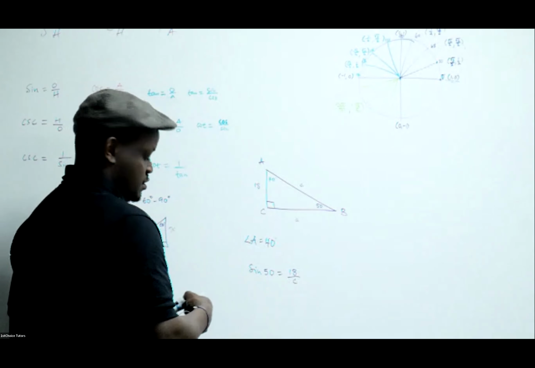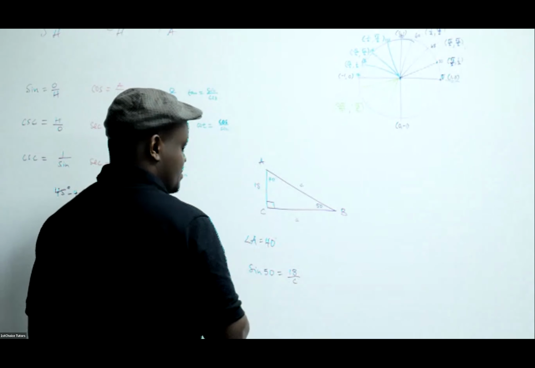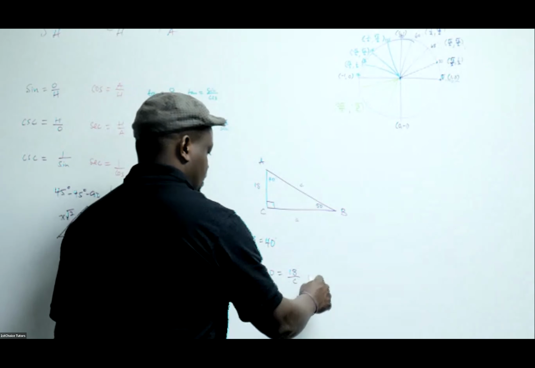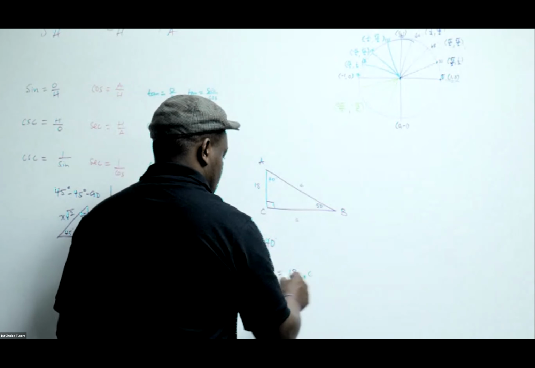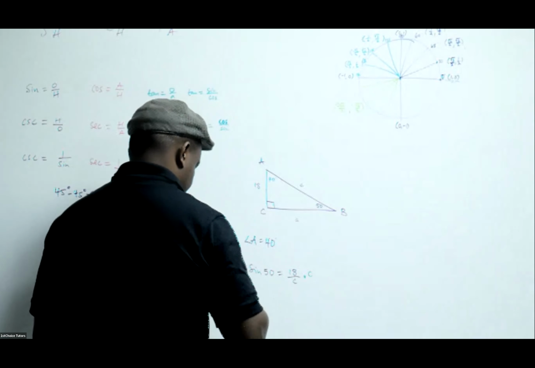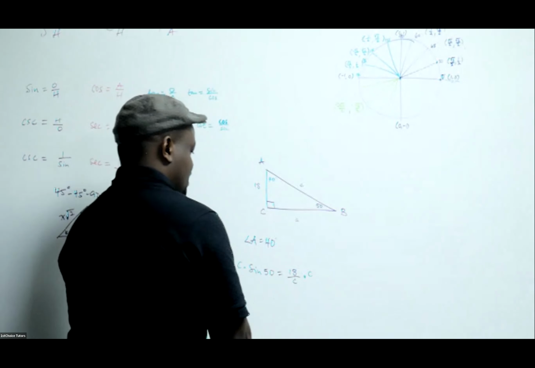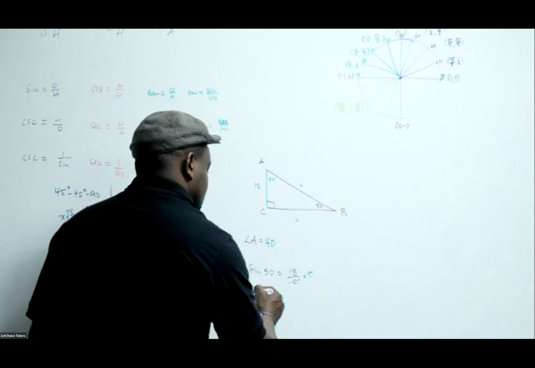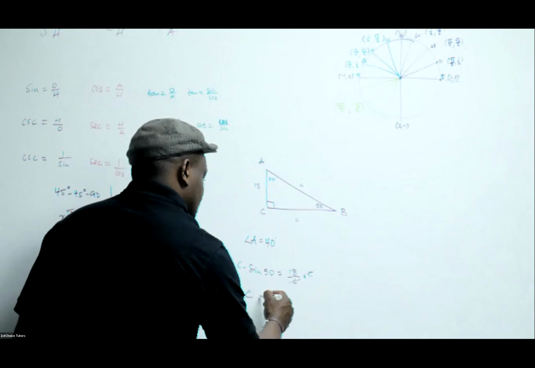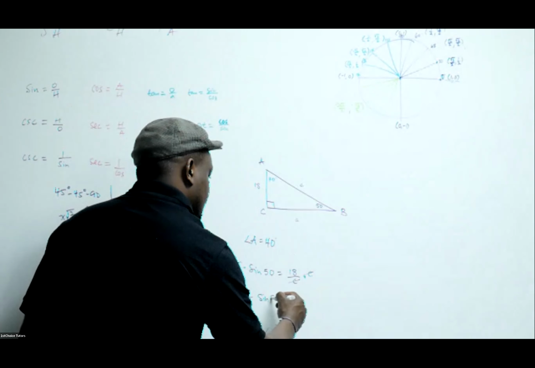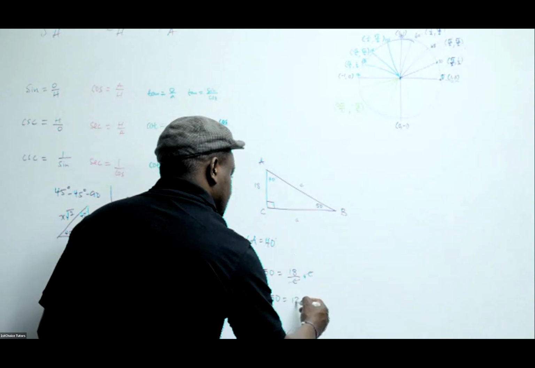We have to get C to the top. We have to multiply both sides by C. So of course the C's will cancel on the left side. We have C sine 50 equals 18.